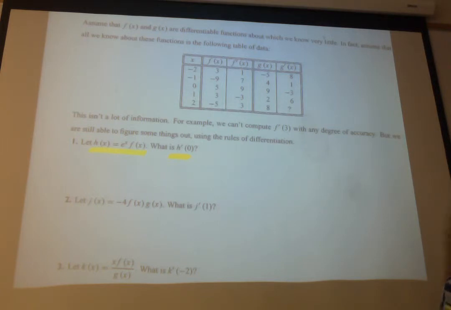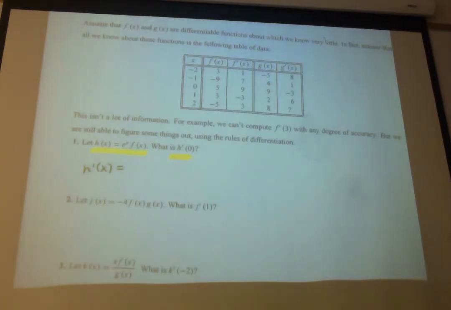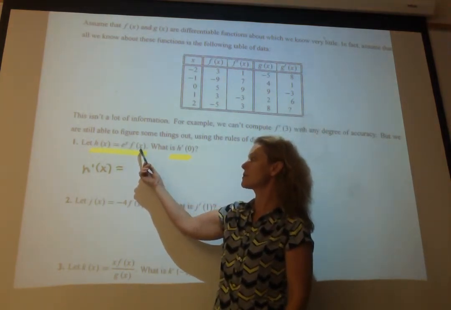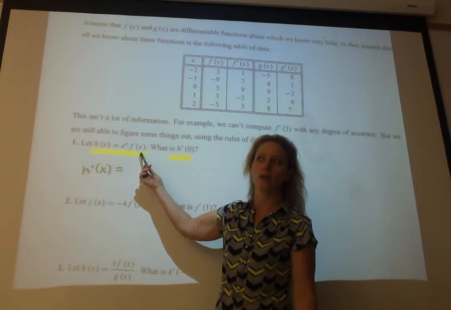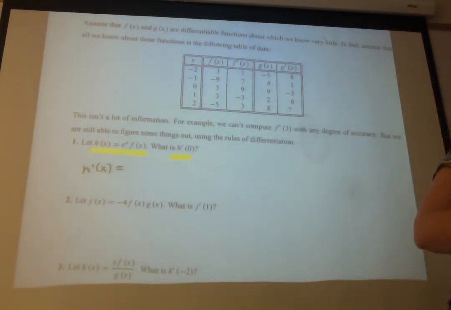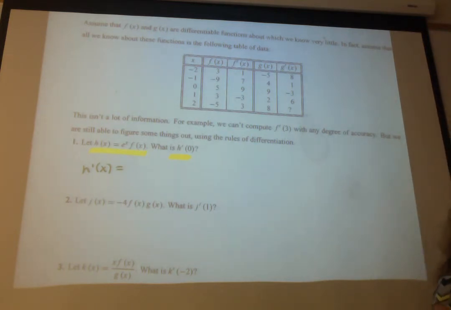Could I figure out the derivative h prime of x? Yeah, I can. In fact, if I look at it, it's e of x times f of x. So that's a product, correct? If it's a product, I'm going to use product rule. I just don't know what f of x is.